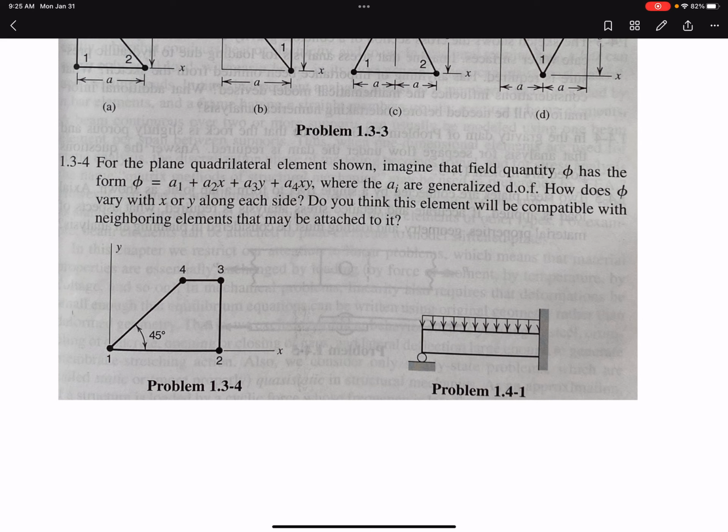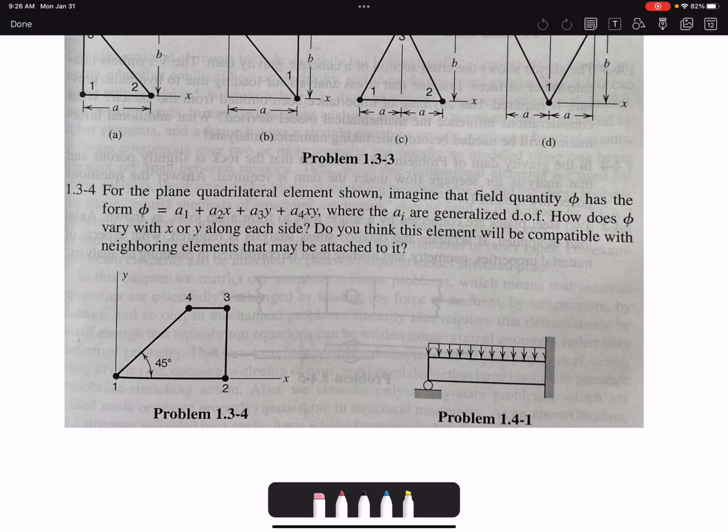But if you saw in your VA model sometimes, if you had different elements attached next to each other like we did in our case study at the beginning of the class, a beam element, say, that extended along the side of a plate element, right?